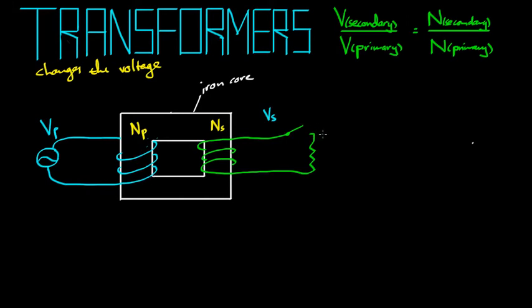And what would happen, as long as I left this switch open, if it's a good transformer, that changing magnetic field in here will not allow any current really to flow through this coil. It seems like a bit of a contradiction, but basically when the current changes, it creates a magnetic field change which resists that change. So as long as this switch is open and no current can possibly flow through that circuit there, you get zero current flowing through this circuit.